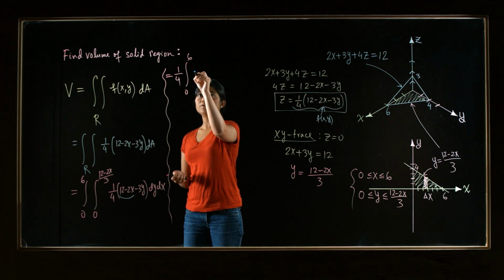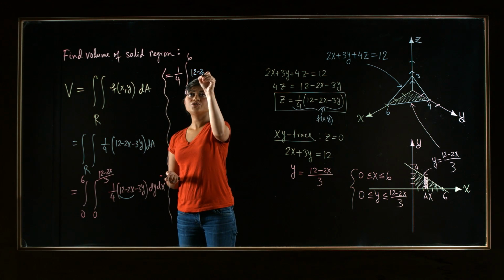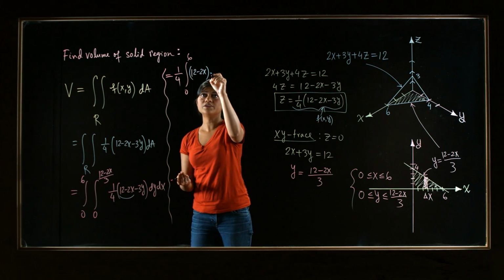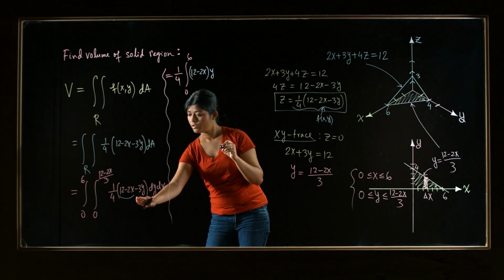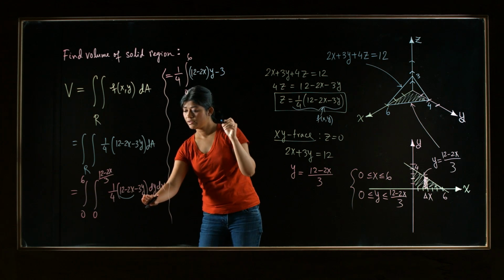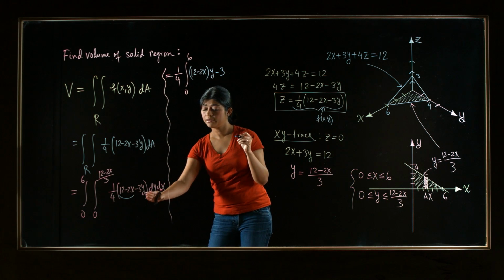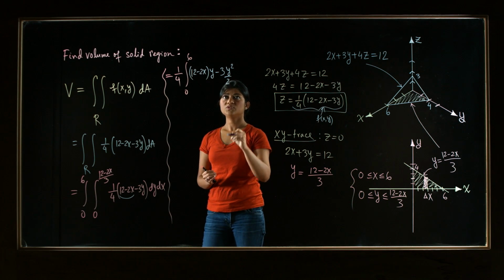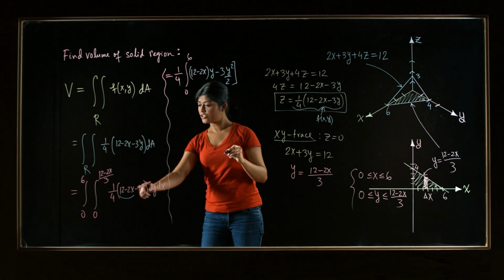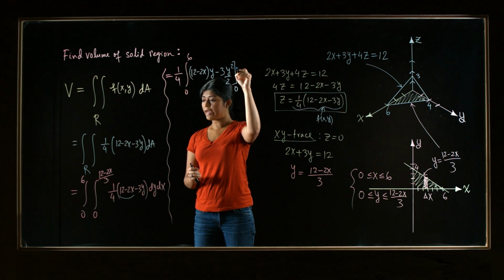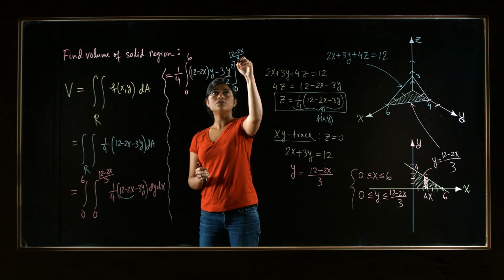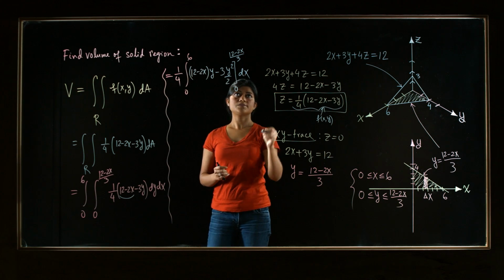So we will have (12 minus 2x), pull it out as a constant, and dy will give us y. Then minus 3, and the antiderivative of y is y squared over 2. So this whole thing has to be evaluated between 0 and (12 minus 2x) over 3, dx.